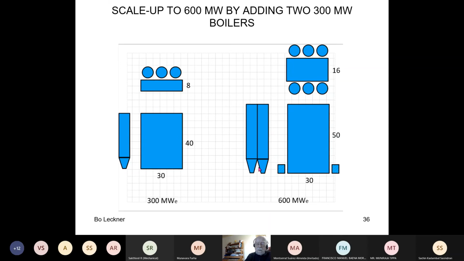Instead they put two of these plants together into one plant like this. Then automatically they got this pant leg bottom part, and they got some internal wall here which was opened. It is a wall, but it is opened for particles to move from one side to the other. So it is not completely closed.